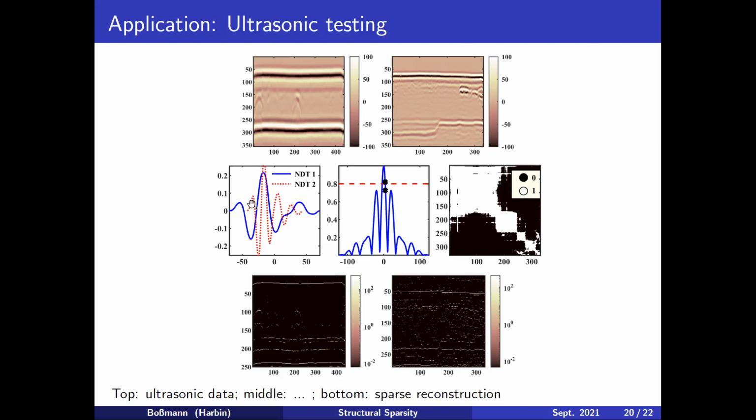You build the convolution matrix from these kernels, and then you use this convolution matrix as your matrix A, and this is your data Y, and you try to deconvolve with our technique. And what you obtain is these sparse reconstructions here. For example, let me zoom in.